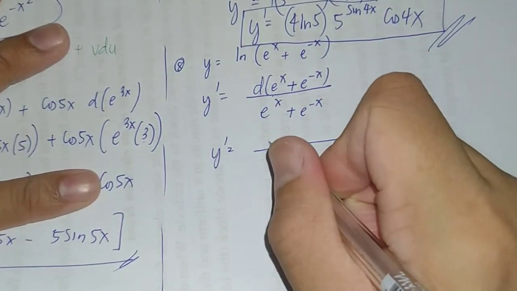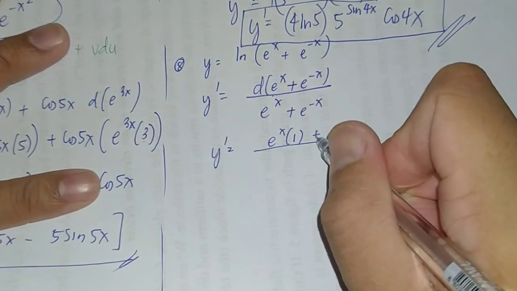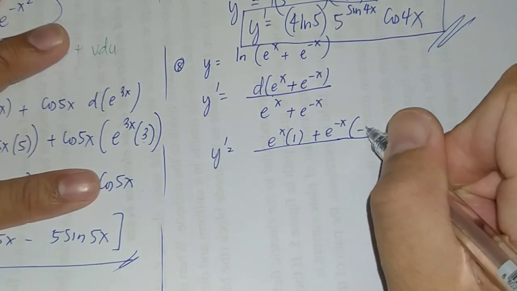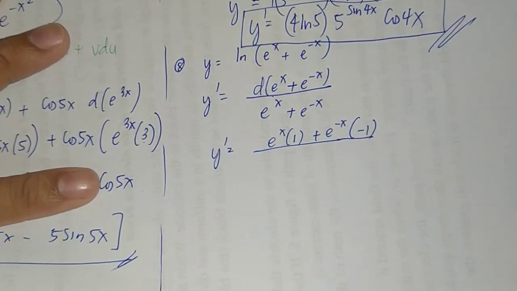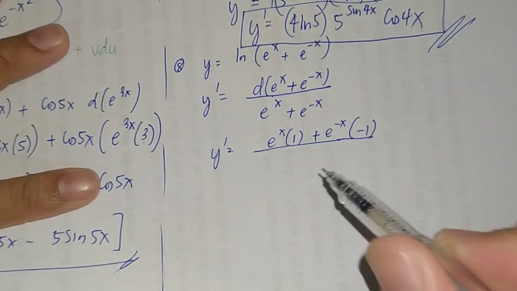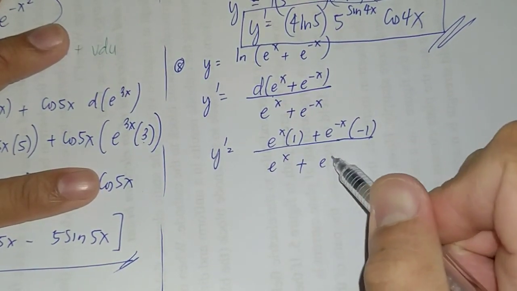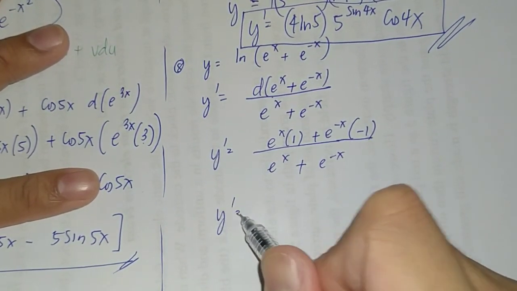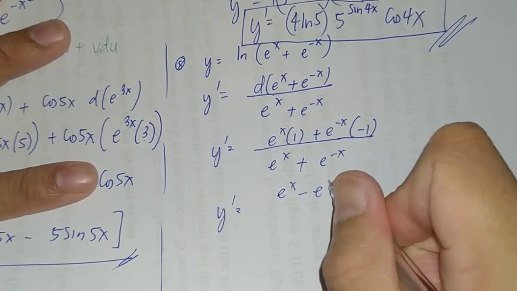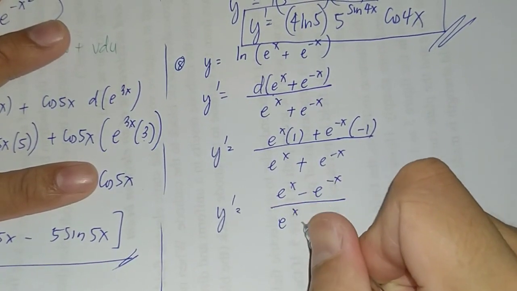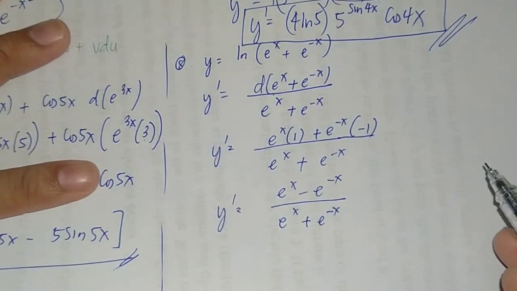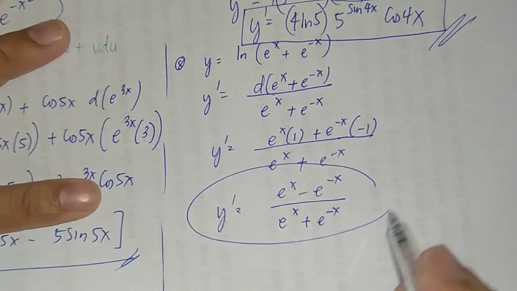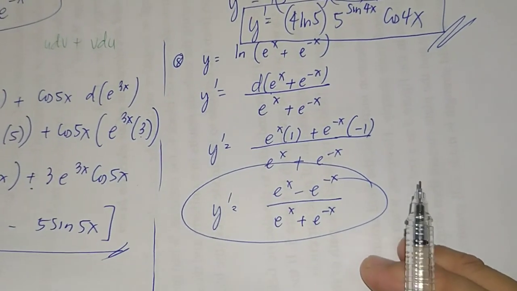Ang derivative ng e to the x ay e to the x times 1 plus e to the minus x times the derivative of minus x, which is negative 1. So that's e to the u du over e to the x plus e to the minus x. So therefore, y prime there is e to the x minus e to the minus x over e to the x plus e to the minus x. So that will be our final answer there.